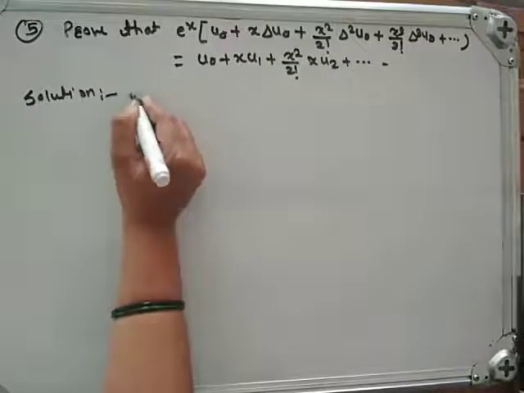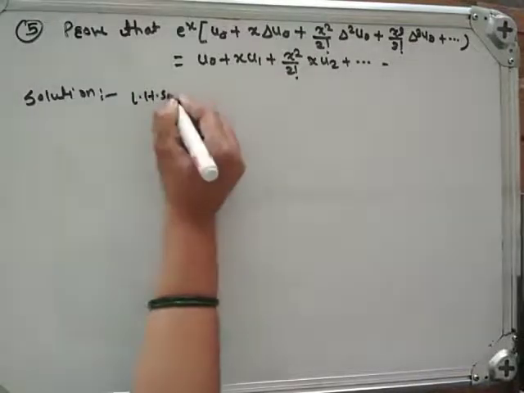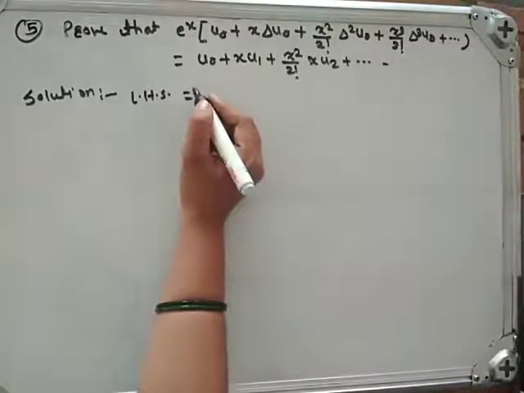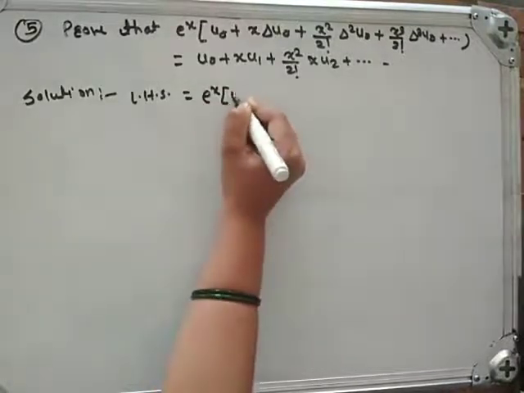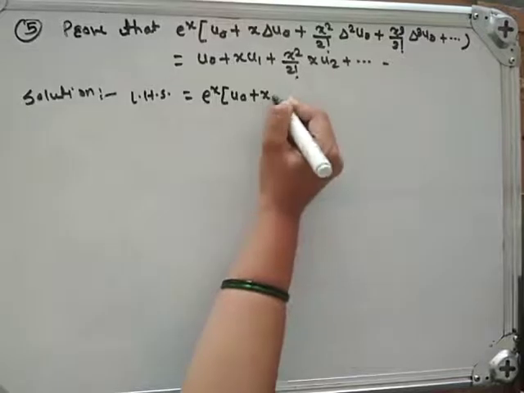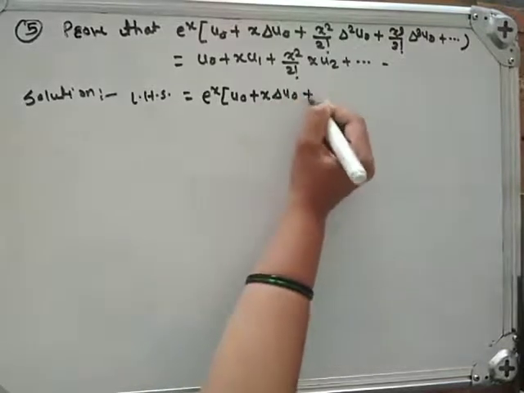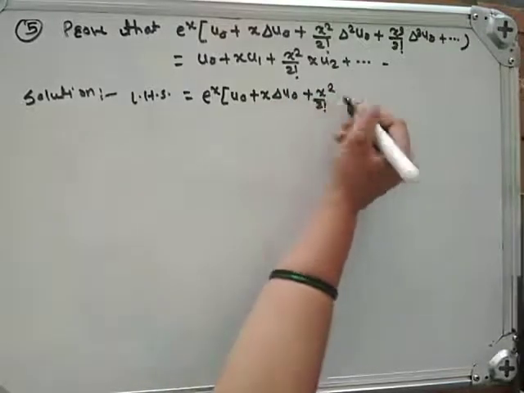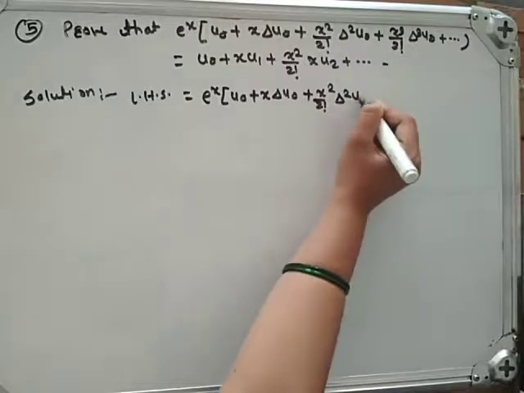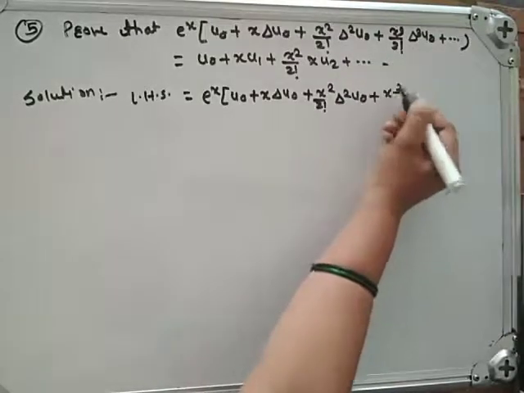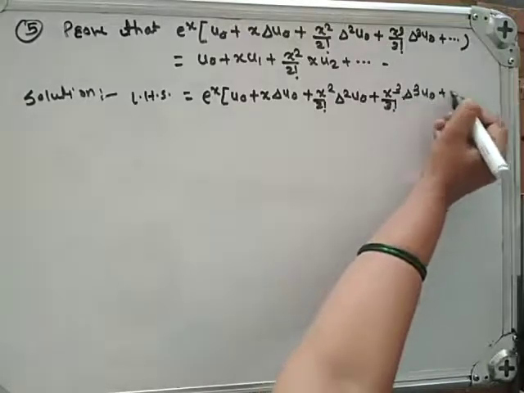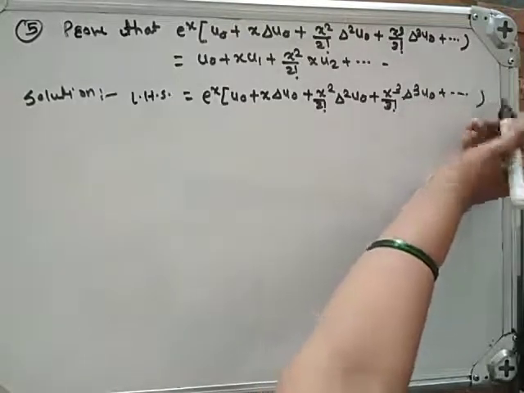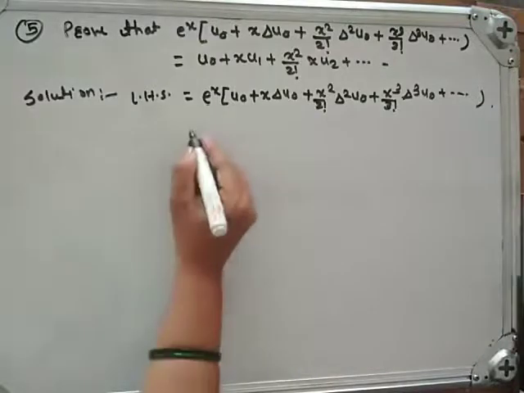Consider LHS. LHS is e raised to x into u0 plus x into delta u0 plus x square upon 2 factorial delta square of u0 plus x cube upon 3 factorial delta cube of u0 plus and so on.